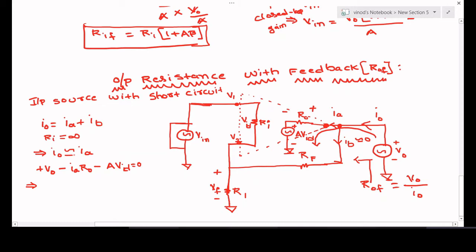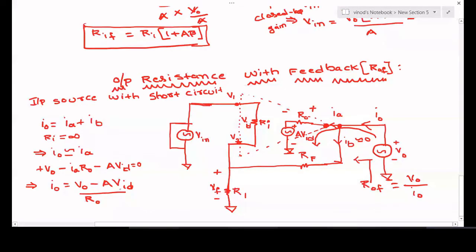So IA is approximately equal to I0. So we can write the expression for I0 as V0 minus A times VID by R0. Right? So I0 is nothing but V0 minus A times VID, divided by R0.